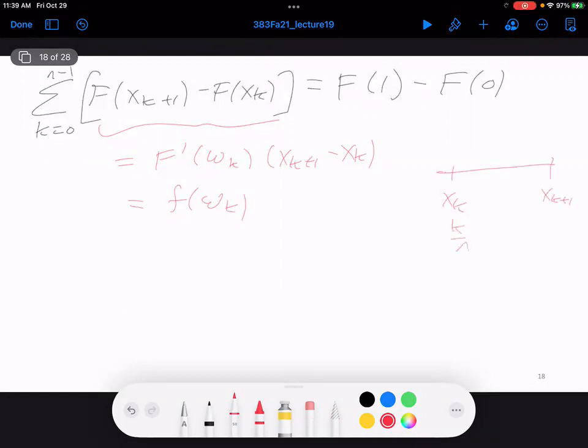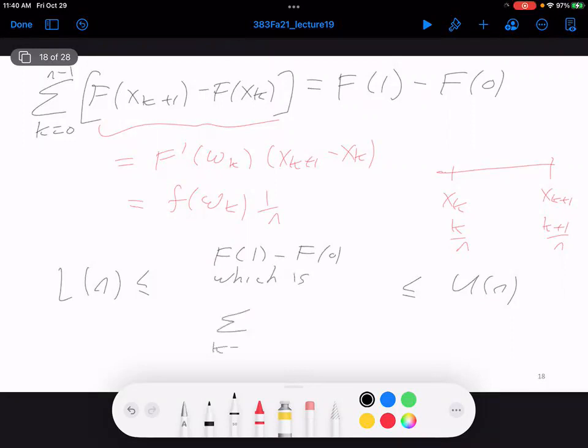Yeah, because this is K over N, and this is K plus 1 over N. So now we have this beautiful result that the lower sum is less than or equal to, and we have the upper sum over here, F1 minus F0, which is the sum, K goes from 0 to N minus 1, of 1 over N F of WK.